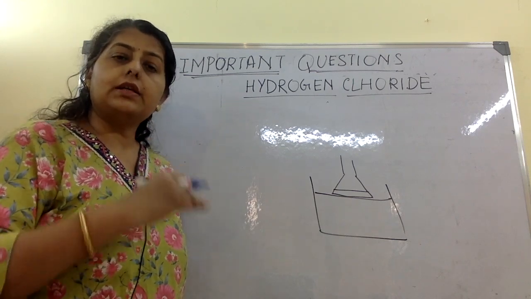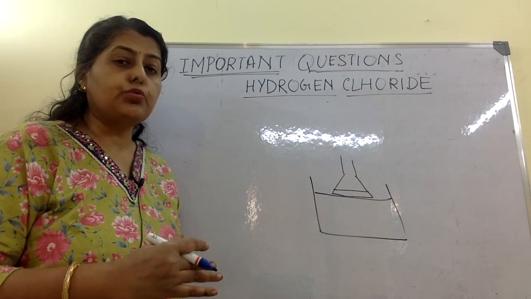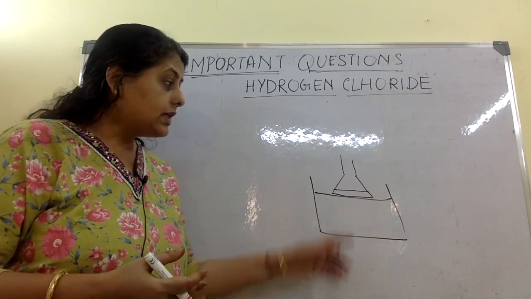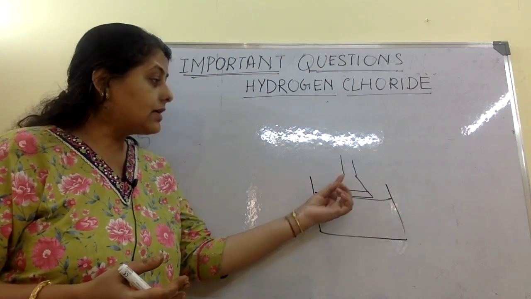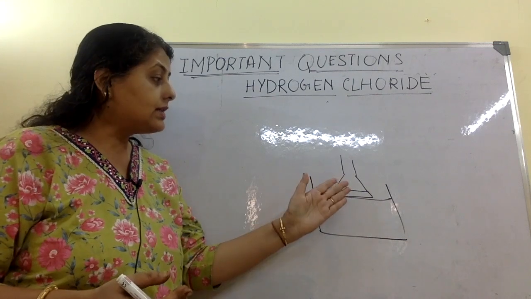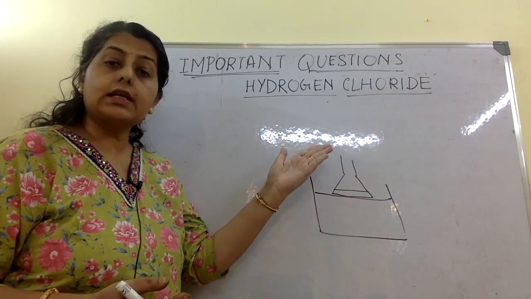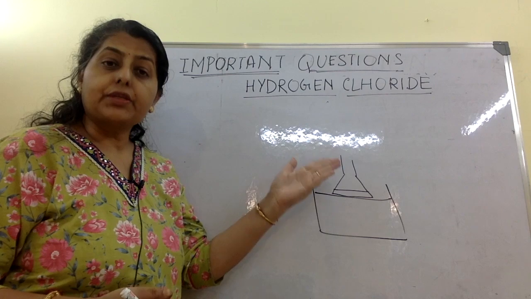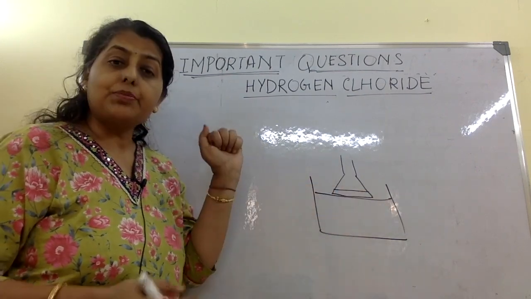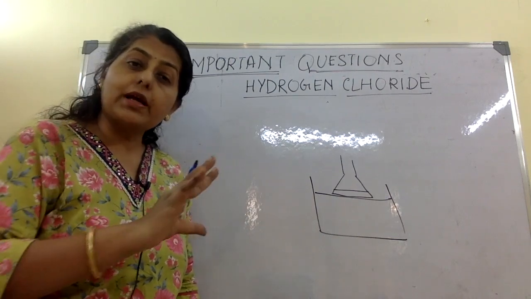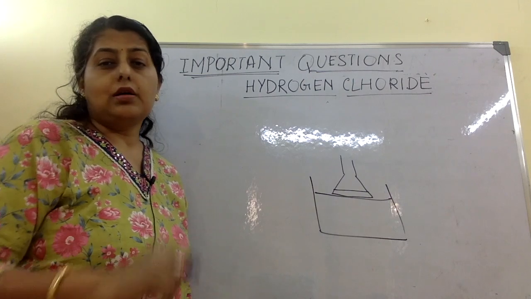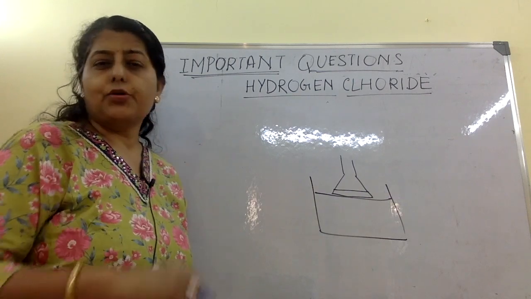HCl is highly soluble in water. Therefore the gas gets dissolved in water very quickly and a vacuum is created, and that vacuum is taken up by the water. That is back suction. In order to stop this, they leave a gap so that no vacuum is created and no back suction happens. This is one very important question on HCl.